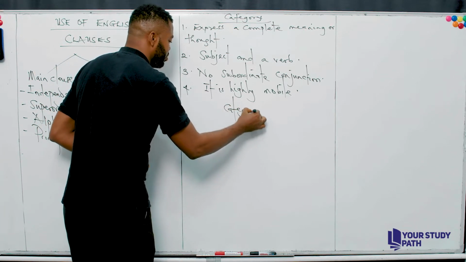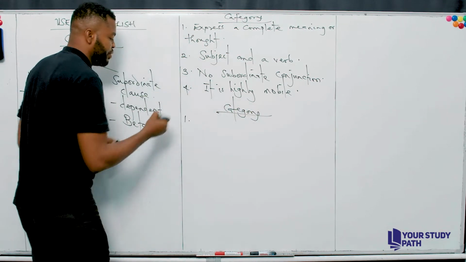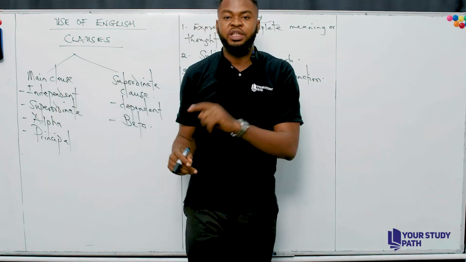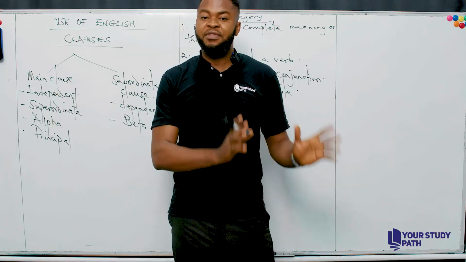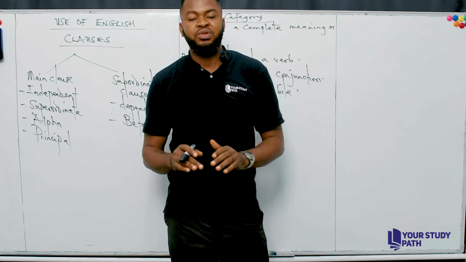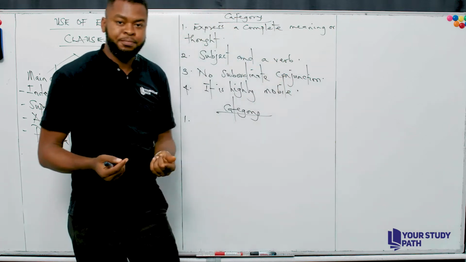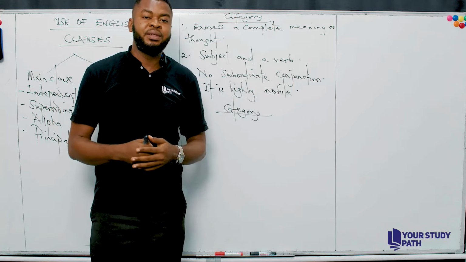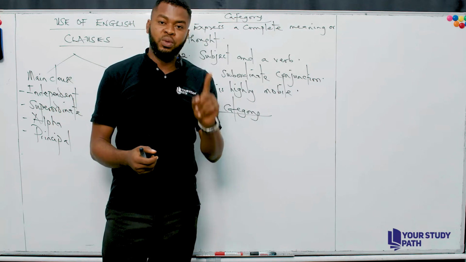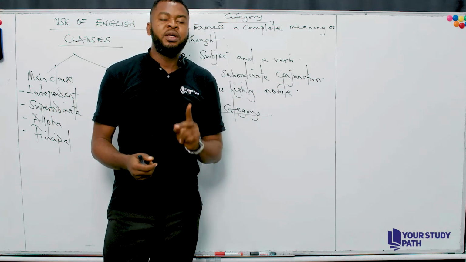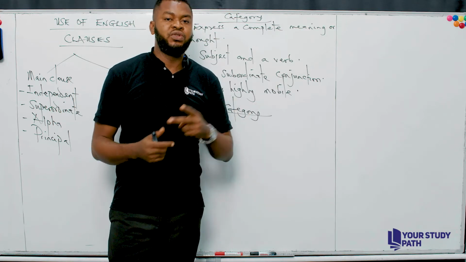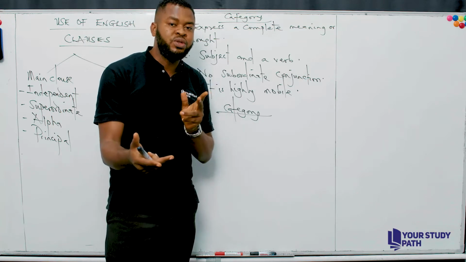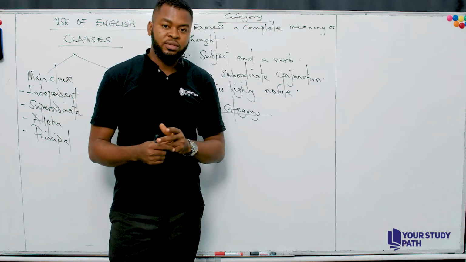Now before then, what is a subordinate clause? I already told you that a subordinate clause or a dependent clause or a beta clause refers to a group of words, okay? It refers to a group of words which does not express a complete meaning. That's number 1. Number 2, a subordinate clause will depend on the main clause. Number 3, a subordinate clause will be introduced by a subordinate conjunction.